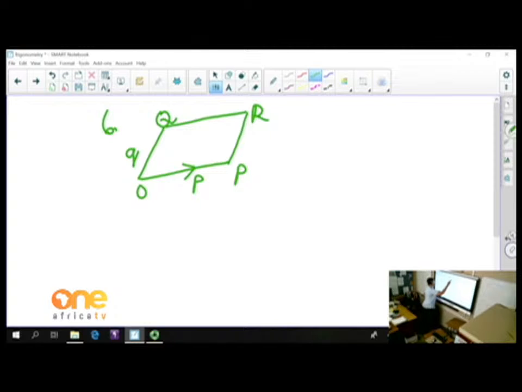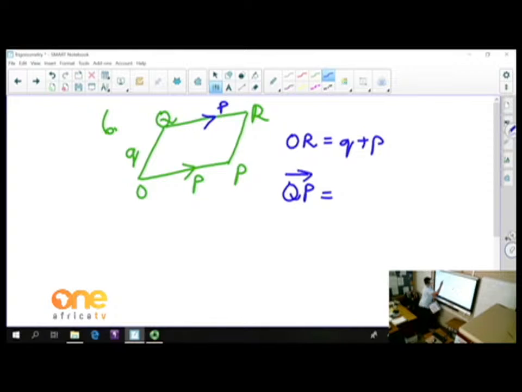It is a parallelogram, which means this one is also going to be P. So OR, then the long road will now be Q plus P.